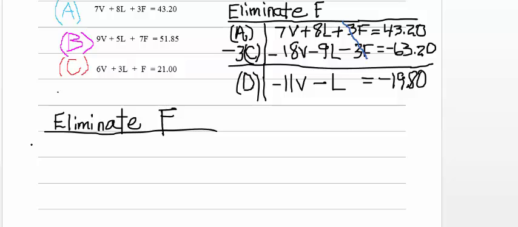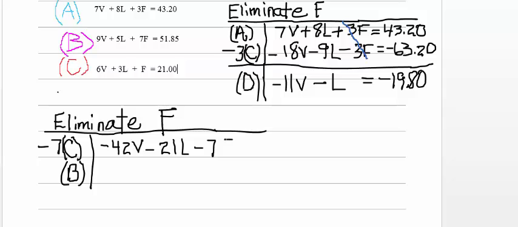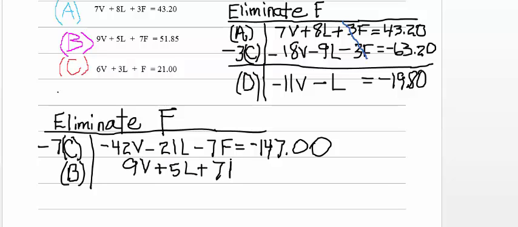I'm going to eliminate F again, and this time I'm going to use -7C and add that to B. So I just make sure every term of C is multiplied by -7 and that I copy B correctly. So easy to make a mistake.